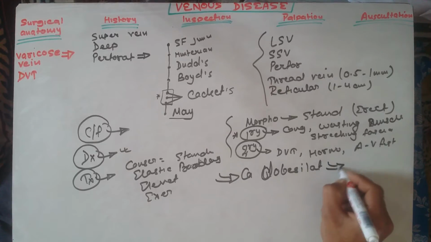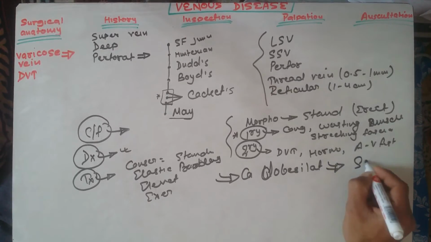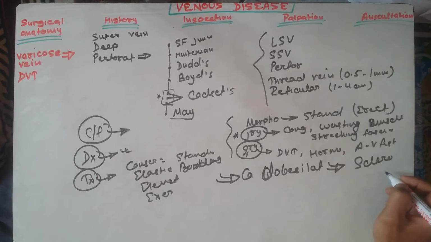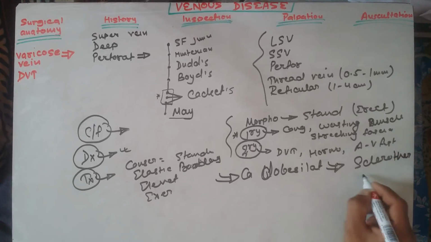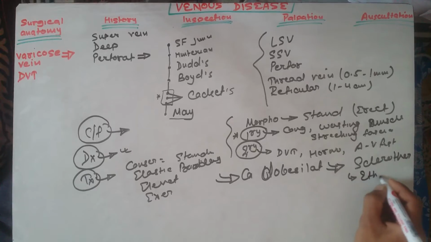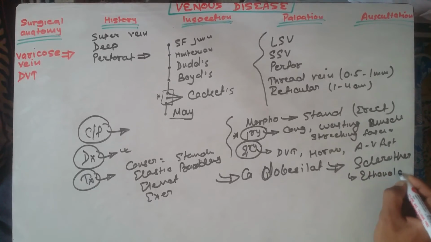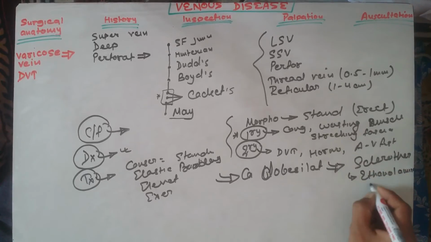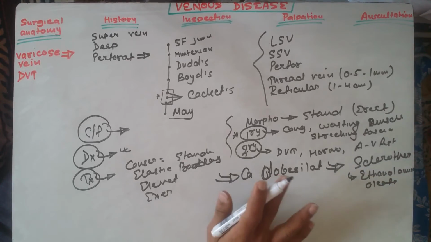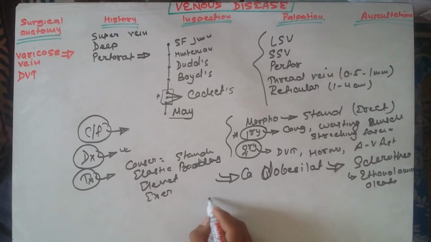Before going to surgical treatment, we also have sclerotherapy. Sclerotherapy involves an injection of a sclerosing agent, and the sclerosing agent is ethanolamine oleate. And if all these modalities are not sufficient, then we will go for the surgical treatment.